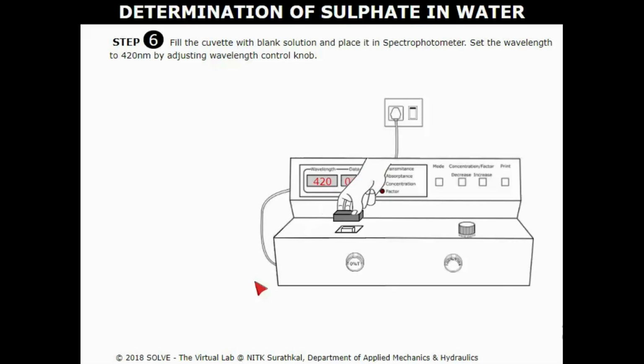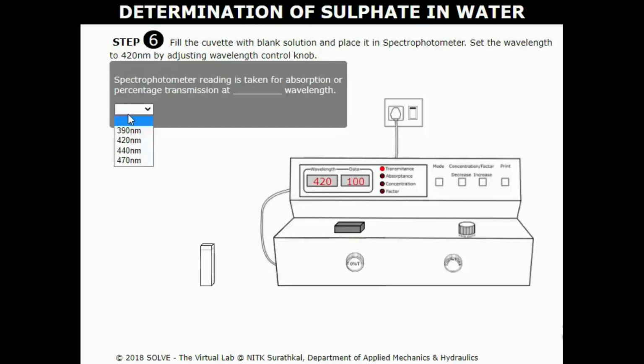Close the lid. Determine the data of blank solution. Remove the cuvette from the spectrophotometer. Close the lid. Select the correct answer for the pop-up question to proceed to the next step.